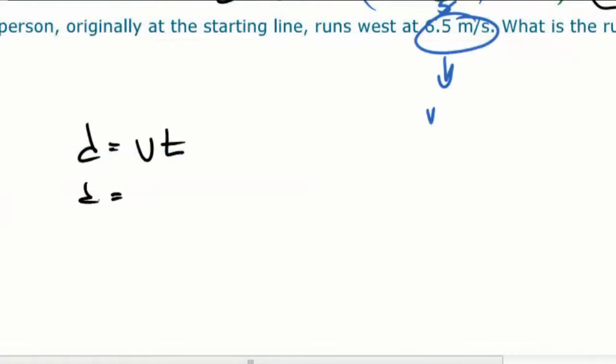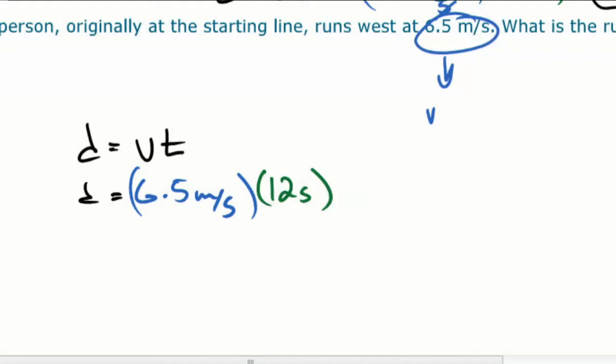So the velocity was 6.5 meters per second. And again, I'm not including direction just because it's going to make things more messy. And my writing is messy enough as it is. So 6.5 times 12, 78.